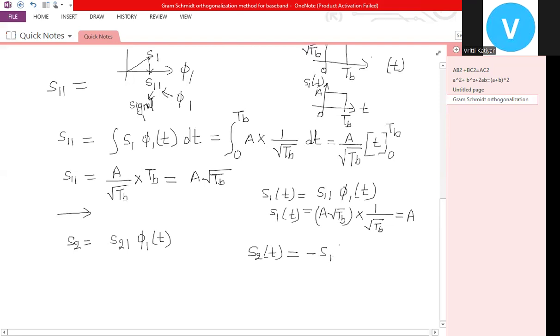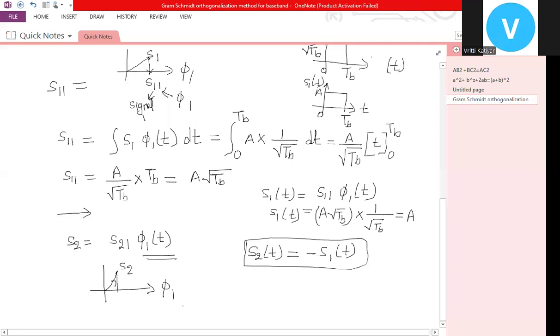This is the relation between S1 and S2; they are dependent on each other. So phi 1 we know from the previous equation. Now we are looking at the projection of signal S2 on phi 1. That is what S21 says.